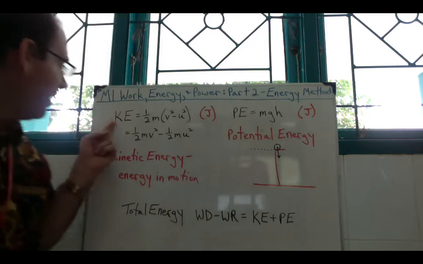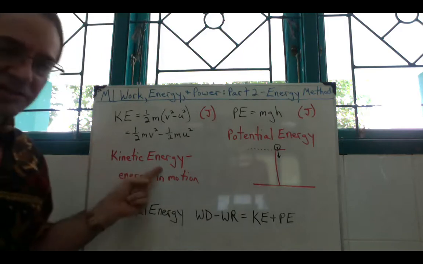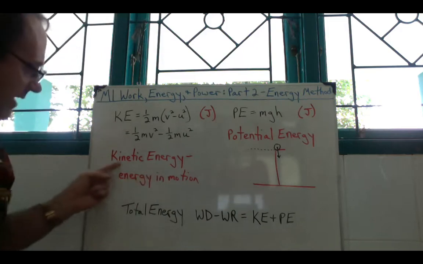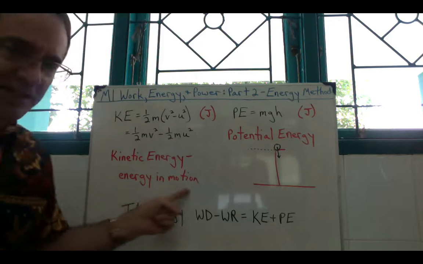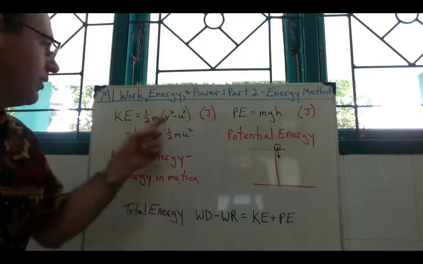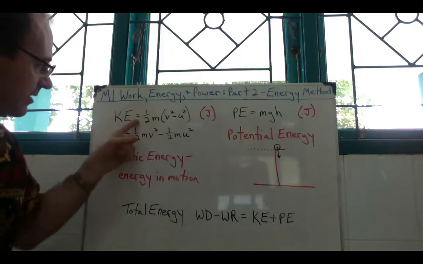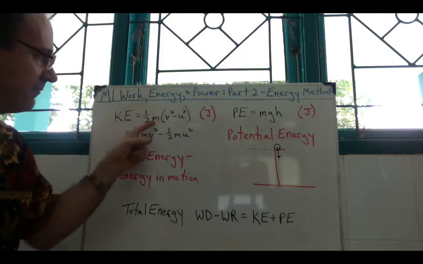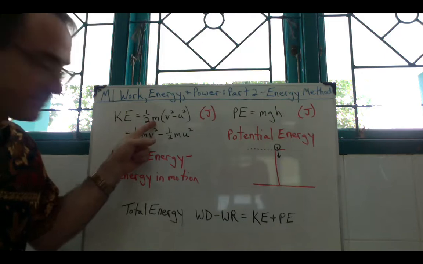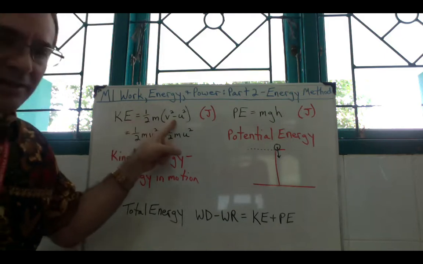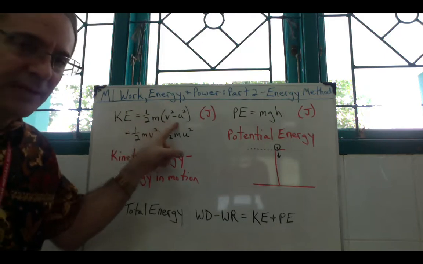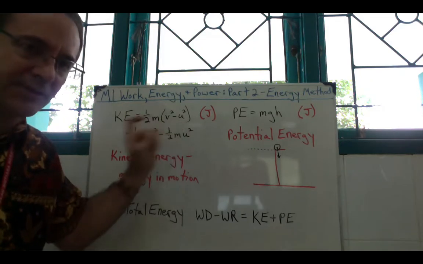So first off, we have KE, which is kinetic energy, and kinetic energy is basically energy in motion. So it has to do with your velocity. To figure out kinetic energy, you'll take 1/2 of the mass times the difference of your final velocity minus your initial velocity.